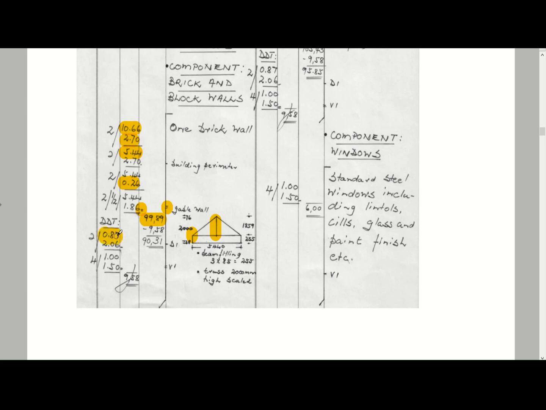Here are your two doors, and here are your 4 windows that they've deducted from that. That is basically how they calculated the area. So here's the deduction, and here's the final square meter for your external walls.